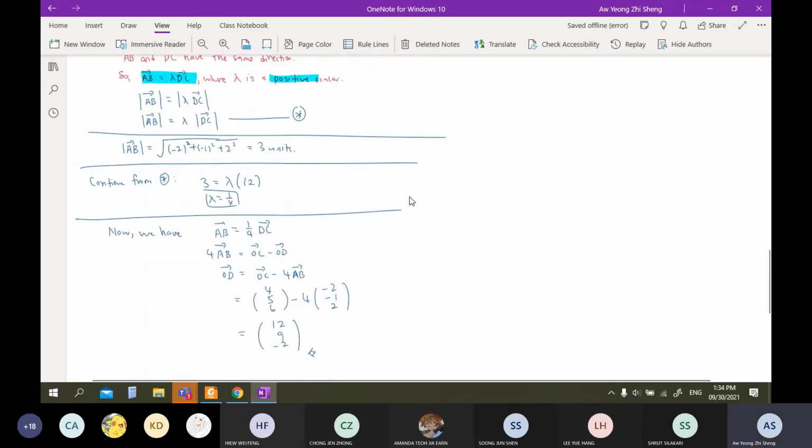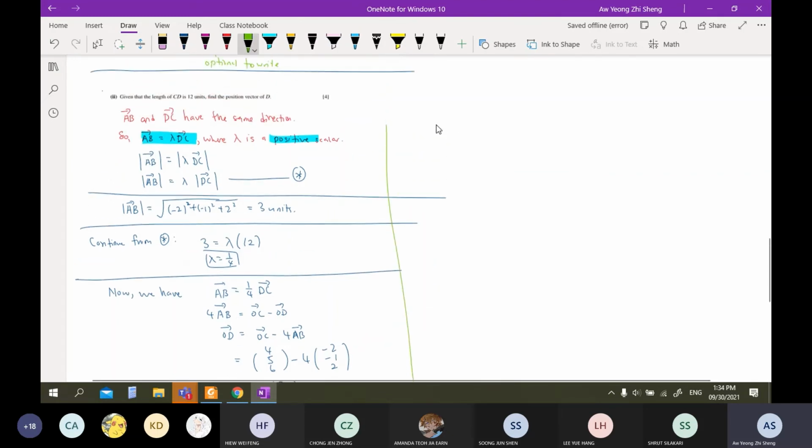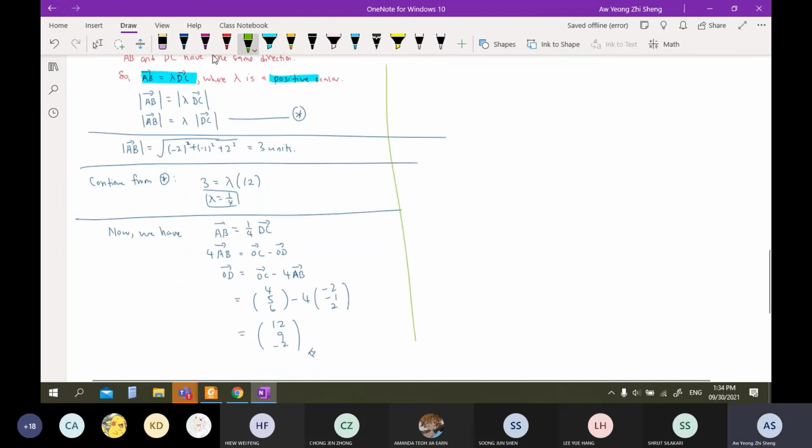What I'm showing you here is just an alternative method of doing this question. You can of course do this question by first finding the unit vector in the direction of AB as AB divided by its own length.